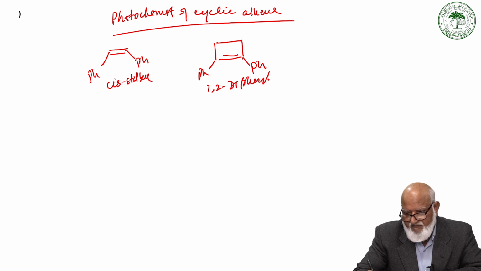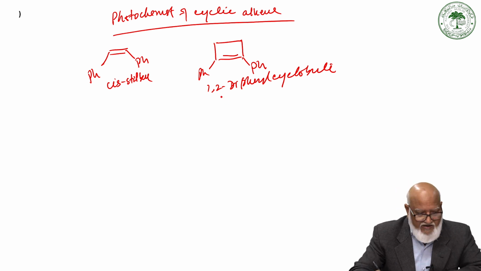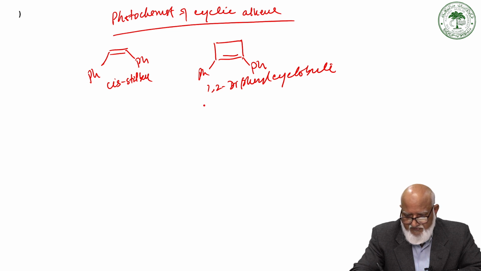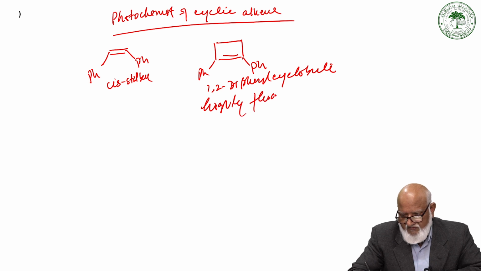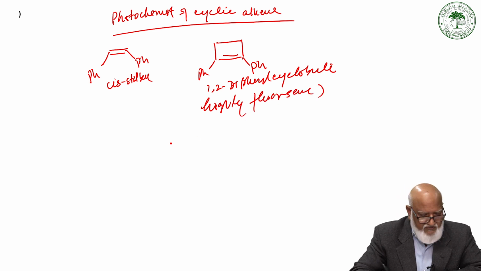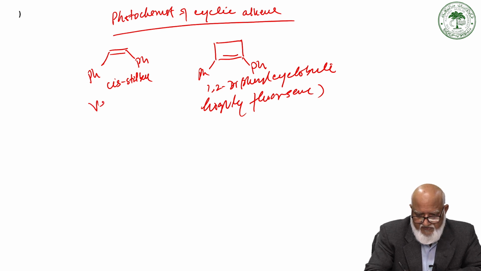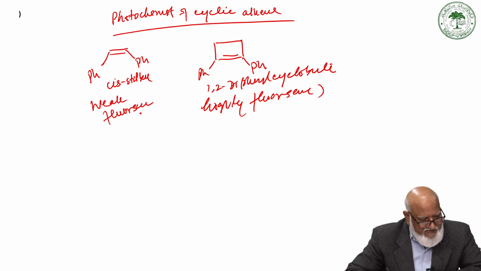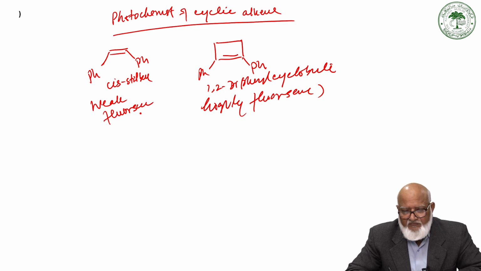This one is highly fluorescent, and this one is very weakly fluorescent. And it has been found that methanol quenches the fluorescence of the 1,2-diphenyl cyclobutene.